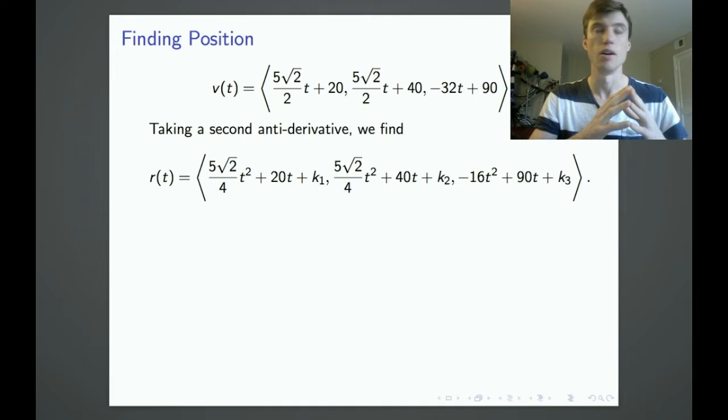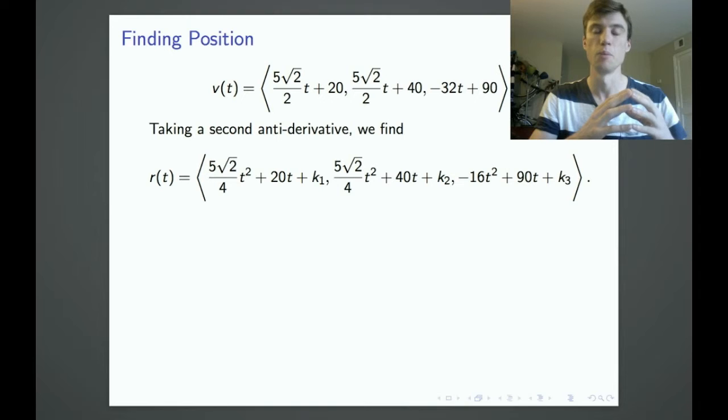Now again, after taking an antiderivative, we have a family of antiderivatives depending on the constants k1, k2, and k3. We will find these k1, k2, and k3 by using the initial position of the potato, which we have taken to be 0, 0, 3.